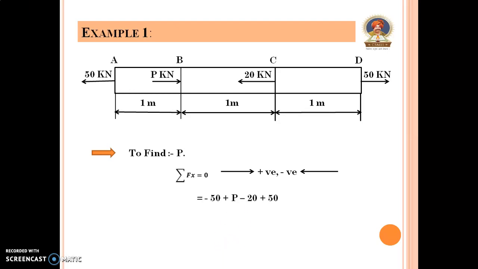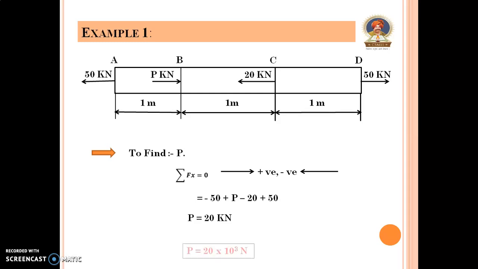So here minus 50 because the force is moved towards left side, plus P, the force is moved towards right side, minus 20, the force is moved towards left side, plus 50, the force is moved towards right side. So after solving this, we are getting the value of P, which is equal to 20 kilonewton.